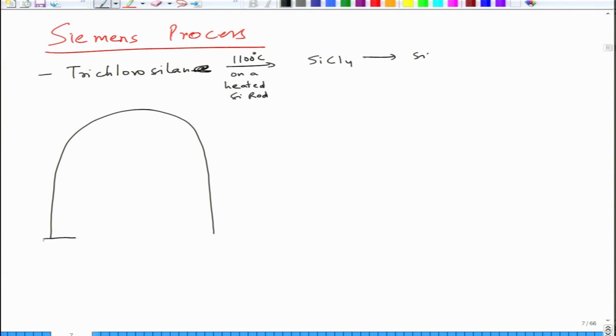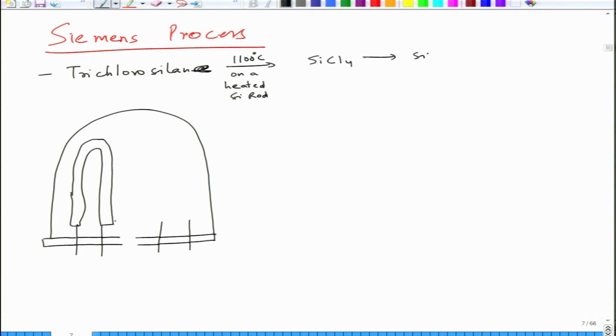Within it we have these silicon rods, prefabricated silicon rods.